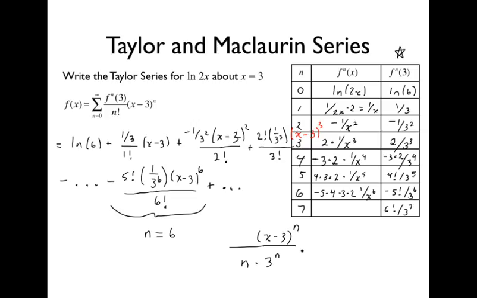What else do we have? Alternating. So negative 1 to either n or n plus 1, so we get these signs right. Should it be n or n plus 1? When n is even, I want negative. So, n plus 1.